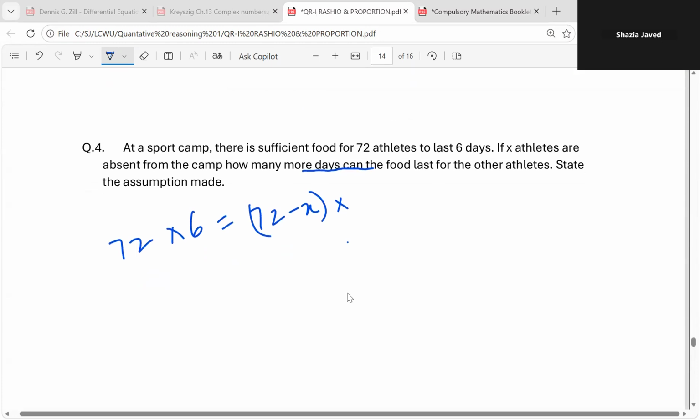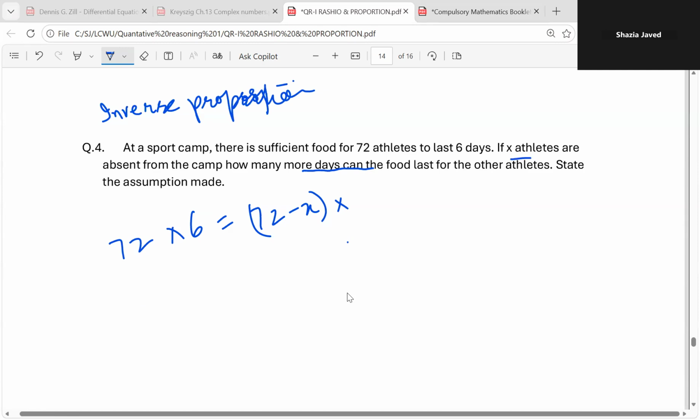Question number 4 for the inverse proportion. Keep this in mind that we are doing inverse proportion. Question number 4: at a sports camp, there is sufficient food for 72 athletes to last for 6 days.